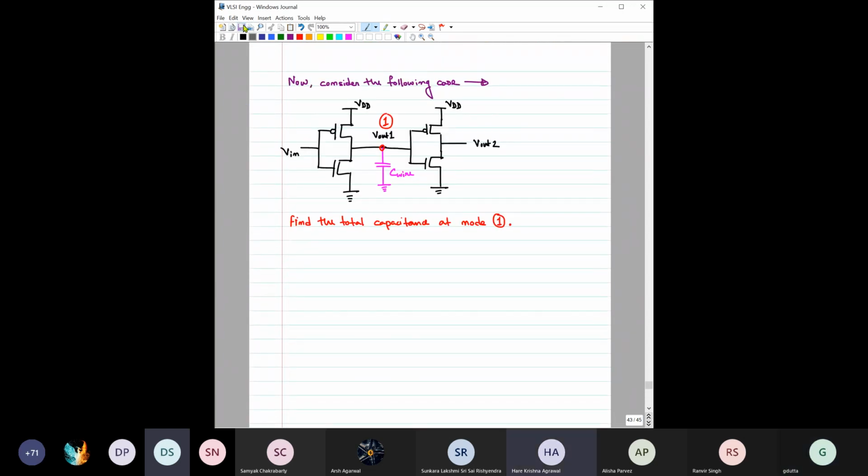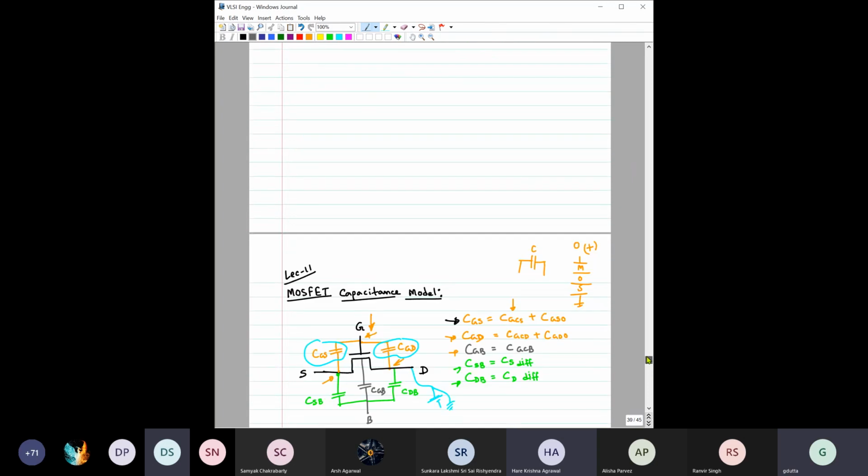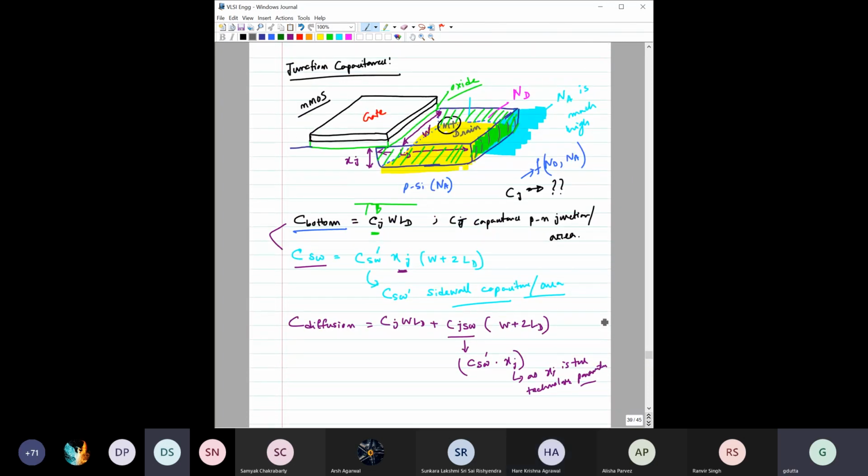So how are you writing the formula for junction capacitance? Junction capacitance is this one. Sir, how are you writing it as combined CJPW?